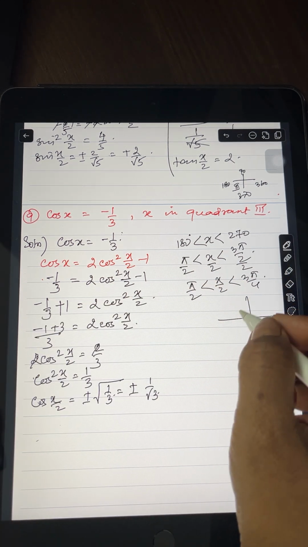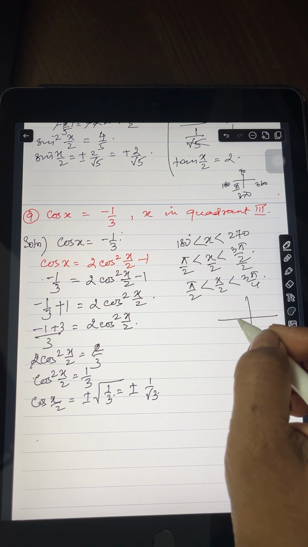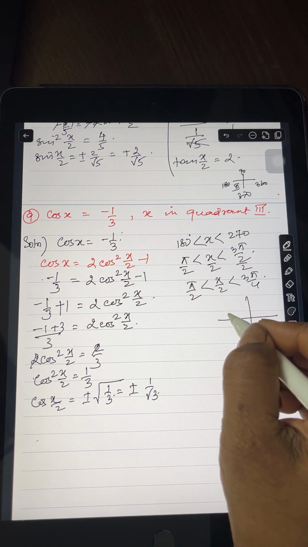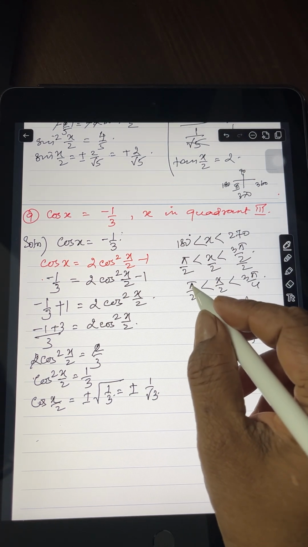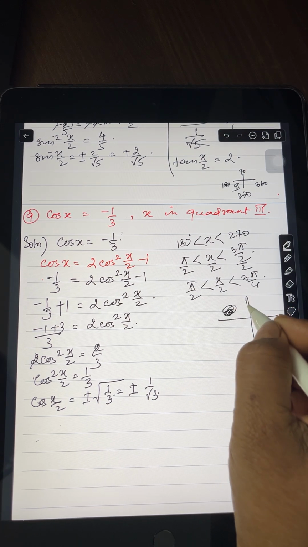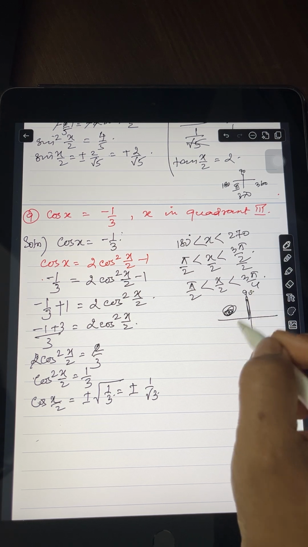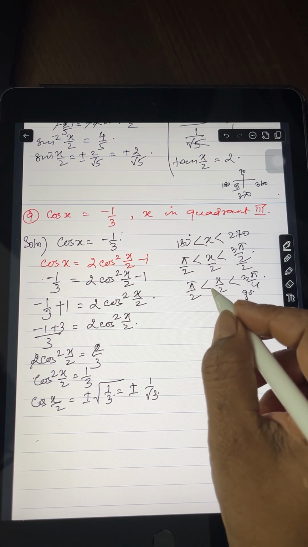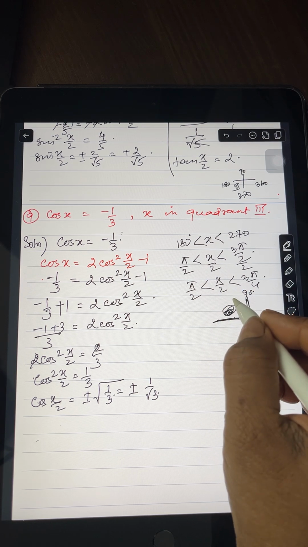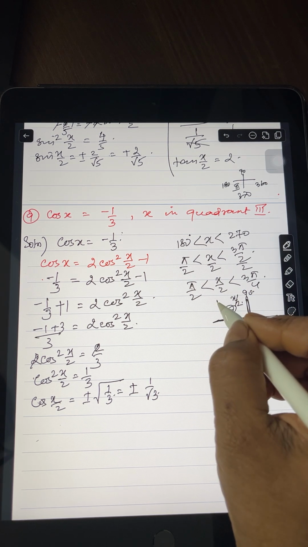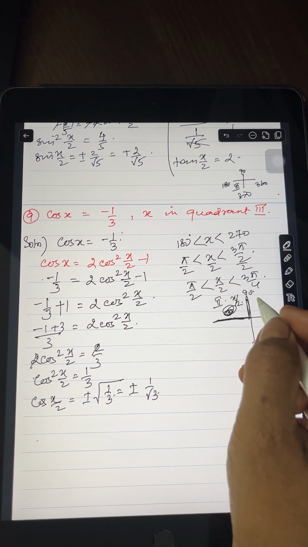Pi by 2 is 90 degree. So in which quadrant will x by 2 be? X by 2 will be in the second quadrant.